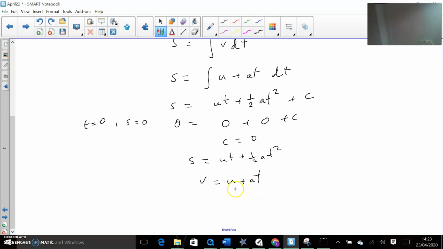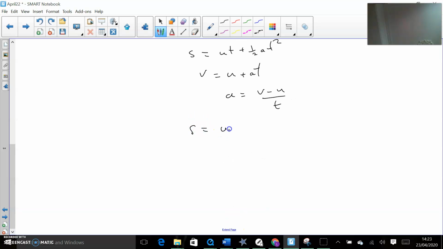If you substitute a from v equals u plus at, so if I write that as a is v minus u over t, and substituting it for s, then s equals ut plus a half times v minus u over t times t squared, which is a.